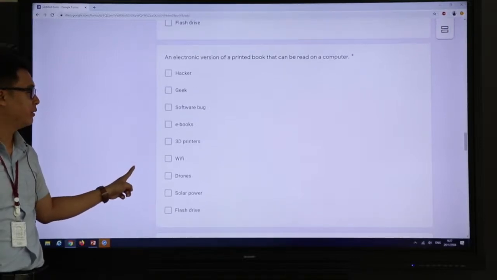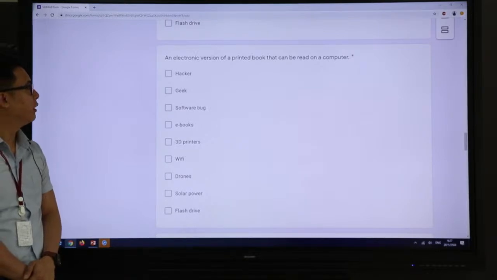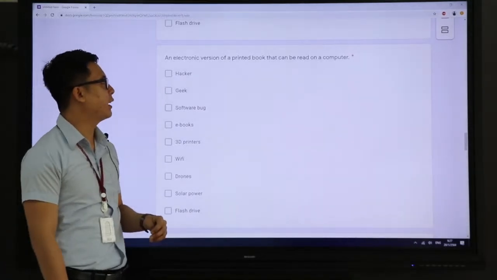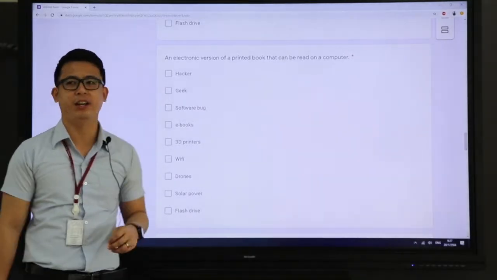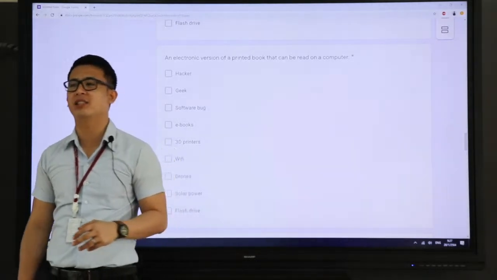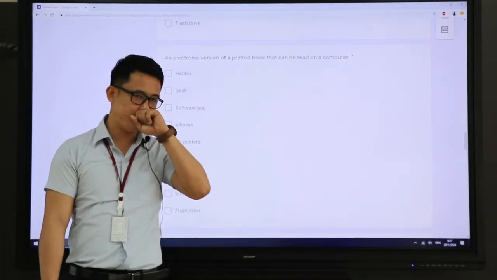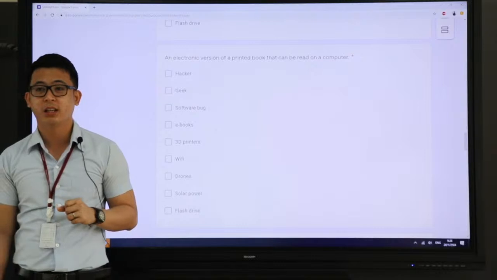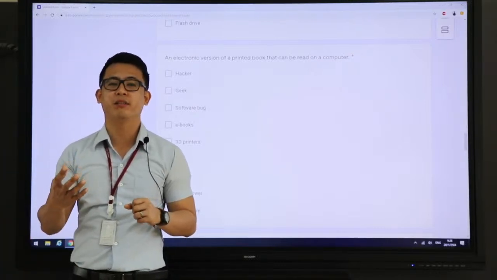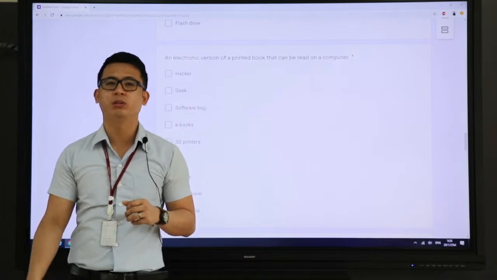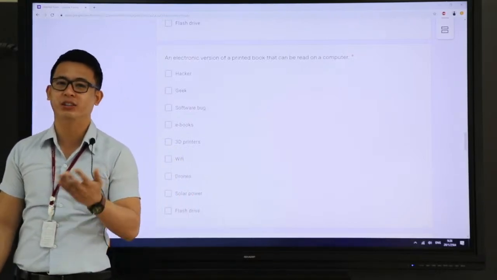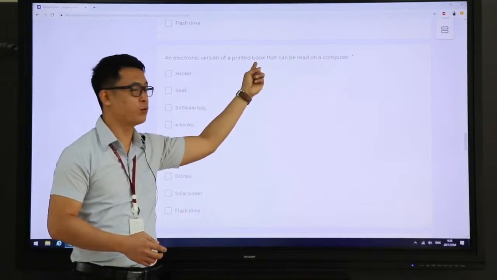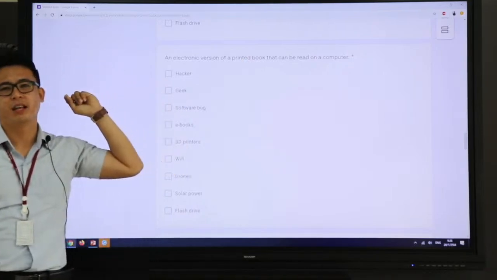Next. An electronic version of a printed book that can be read on a computer. You can use this one to have your lessons anywhere you want to go, even though you are not at school, you're riding or you're on a sonthel.